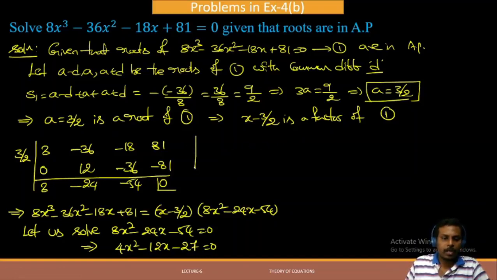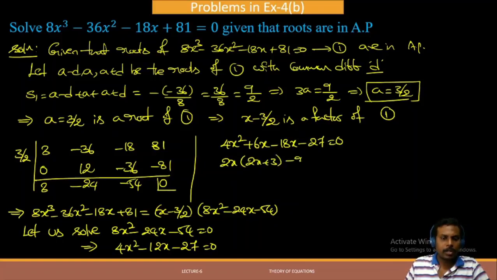Okay, now this can be written as 4x square plus 6x minus 18x minus 27 is equal to 0. I take common 2x here. This becomes 2x plus 3 minus 9.